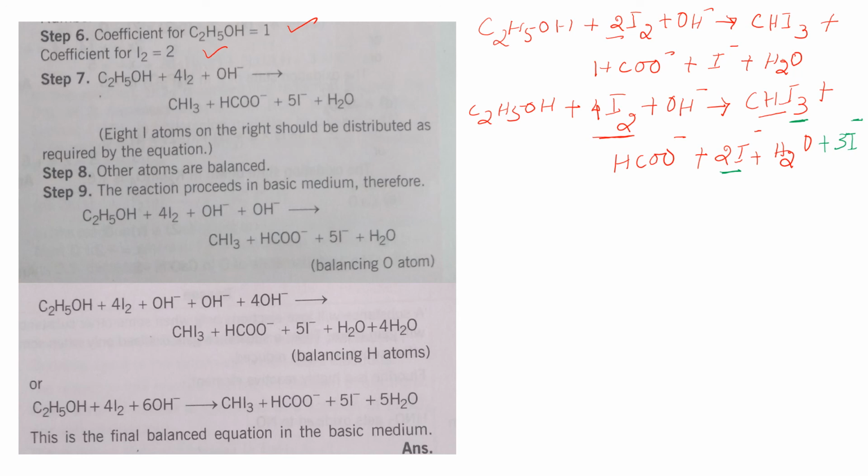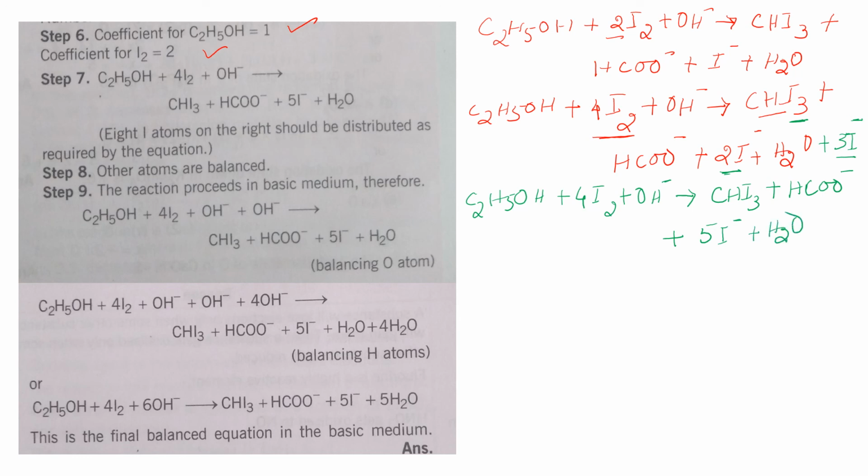Now after adding 3I minus here, what I am getting, C2H5OH plus 4I2 plus OH minus is giving you CHI3 plus HCOO minus plus 2I and 3I, it will be 5I minus plus H2O.